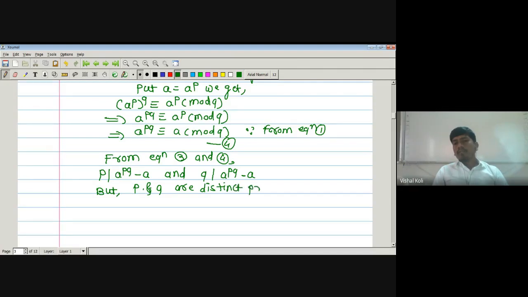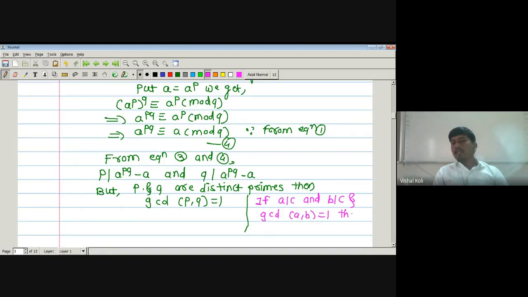their GCD must be equal to 1. Then GCD of p and q is equal to 1. Again there is one result: if a divides c and b divides c, and GCD of a and b is equal to 1, then a times b must divide c.